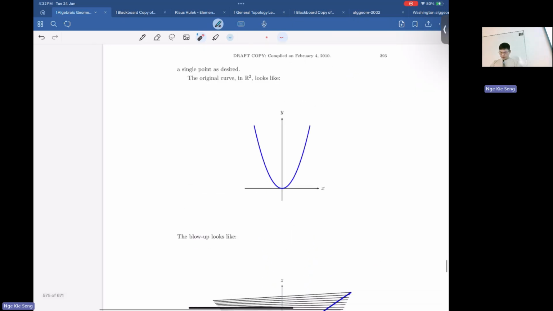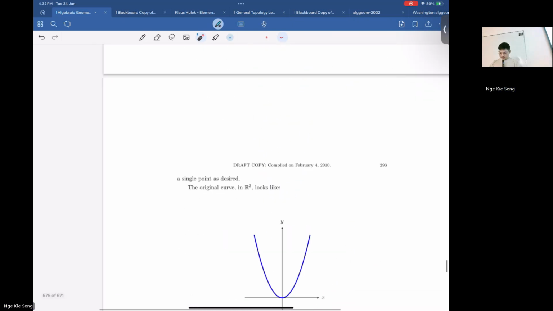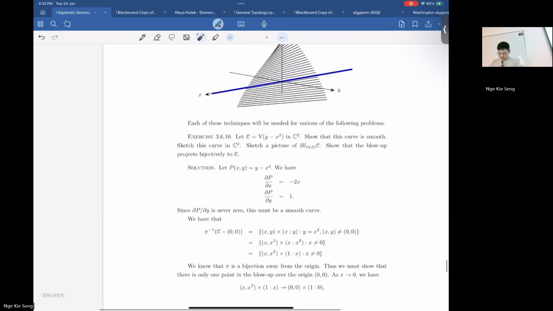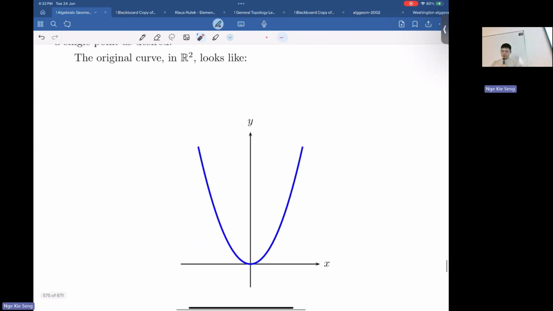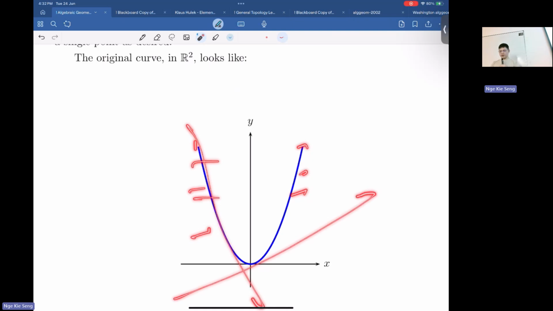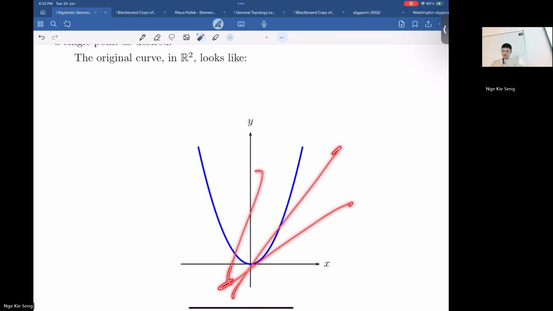Right. So let's look at the other one. Let's say about this. y equals x squared. Okay, this is a very normal function you will see in high school. Okay, so if you blow this thing up, what happens? You can see that these opposite points, right? They are not on the same line. Okay, but they are opposite, right?